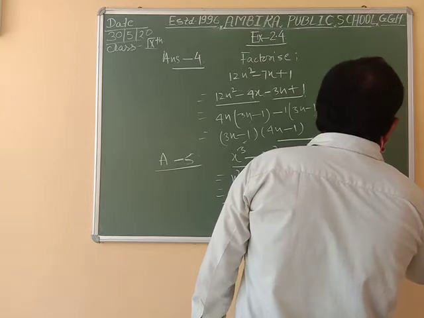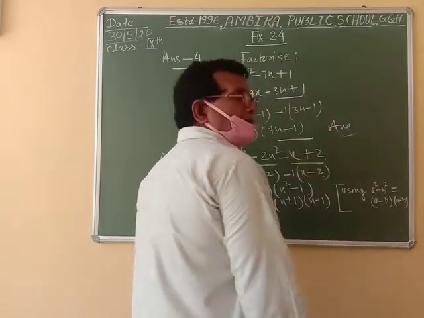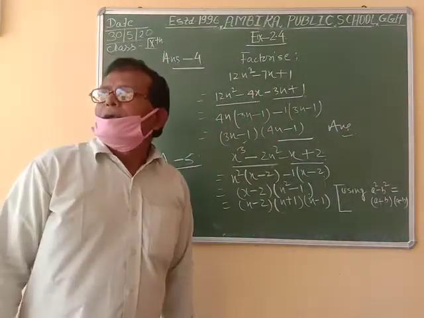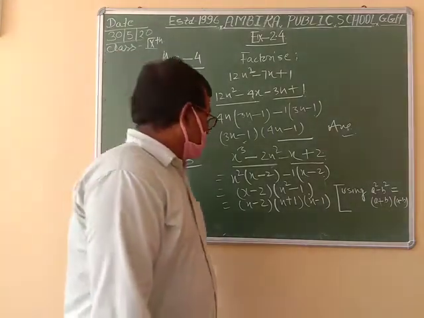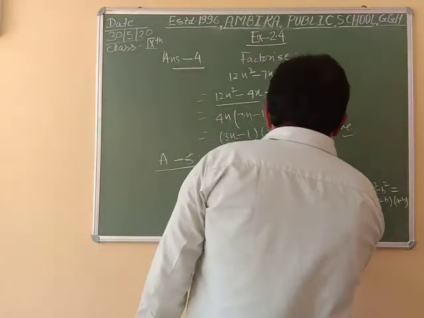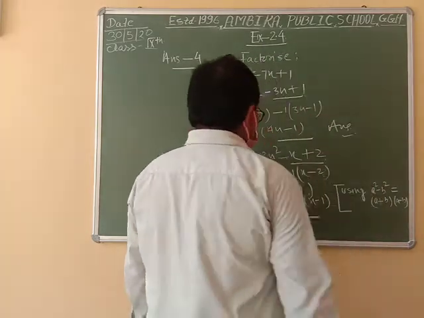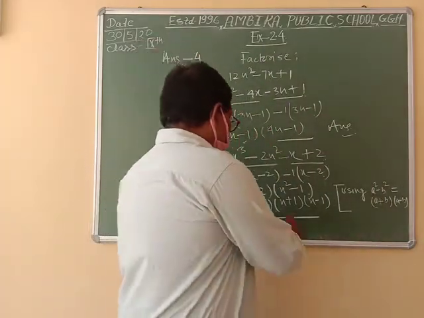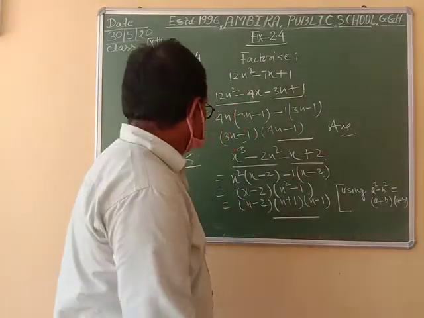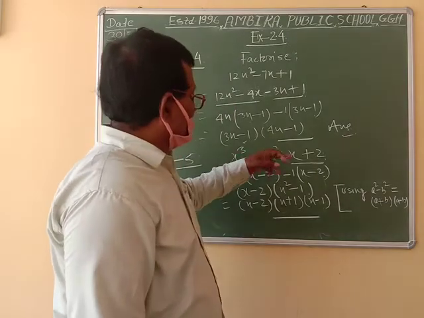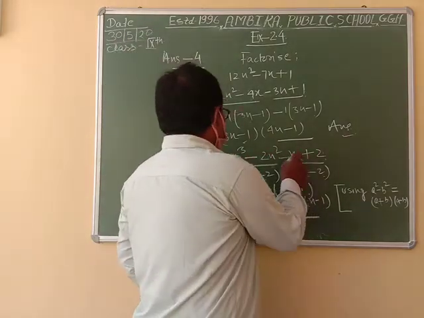So using this formula, we can write x square minus 1 is equal to x plus 1 into x minus 1. Hence, now we cannot factorize further. So this is in simple form, for x cube minus 2x square minus x plus 2.